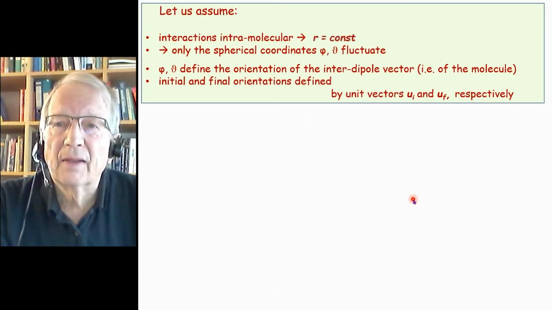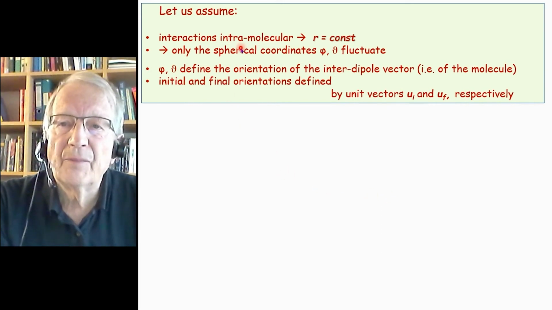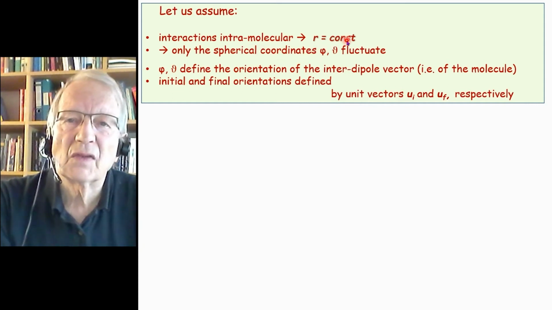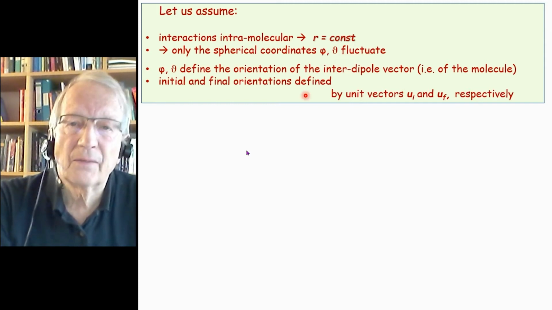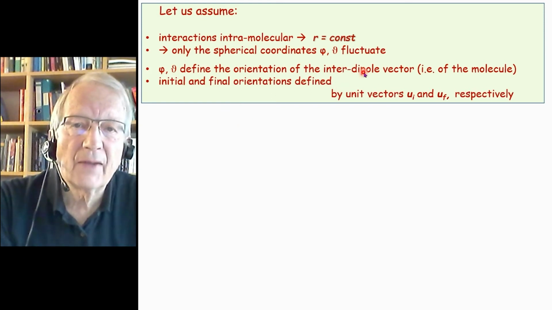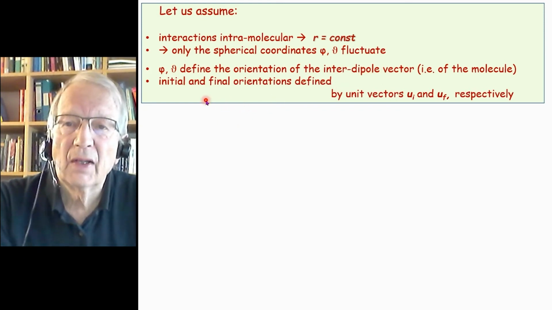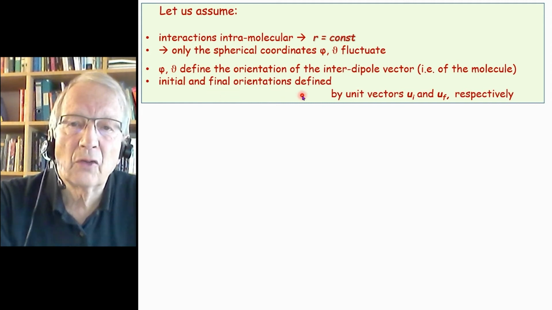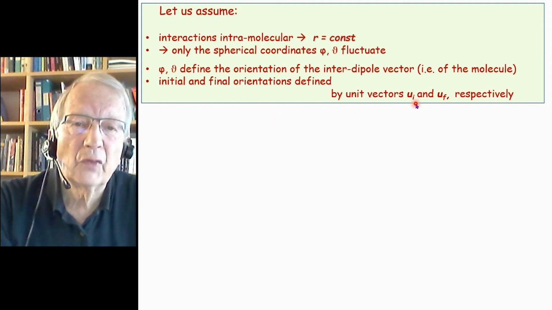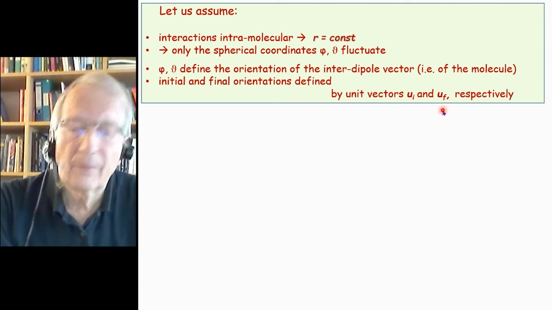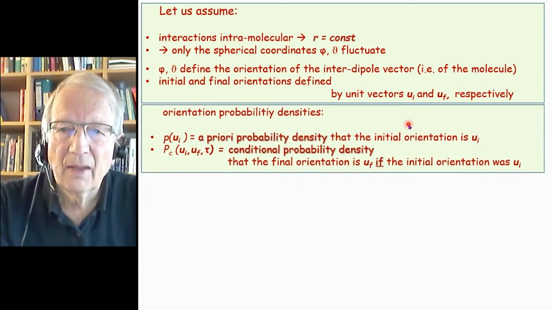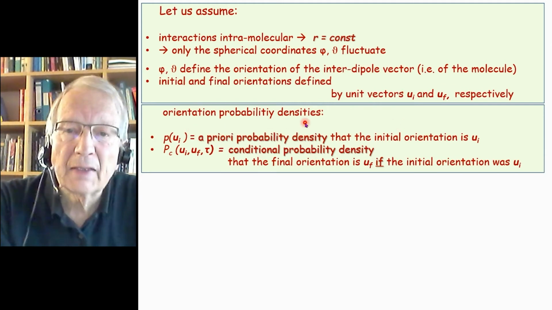Okay, then let us further assume that the interactions are intramolecular, the distance is constant, so that only the spherical coordinates phi and theta fluctuate. These angles define the orientation of the dipole vector, of course, and the initial and final orientations are defined by the unit vectors u sub i and u sub f, as I've shown already. We will make use of two orientation probability densities.